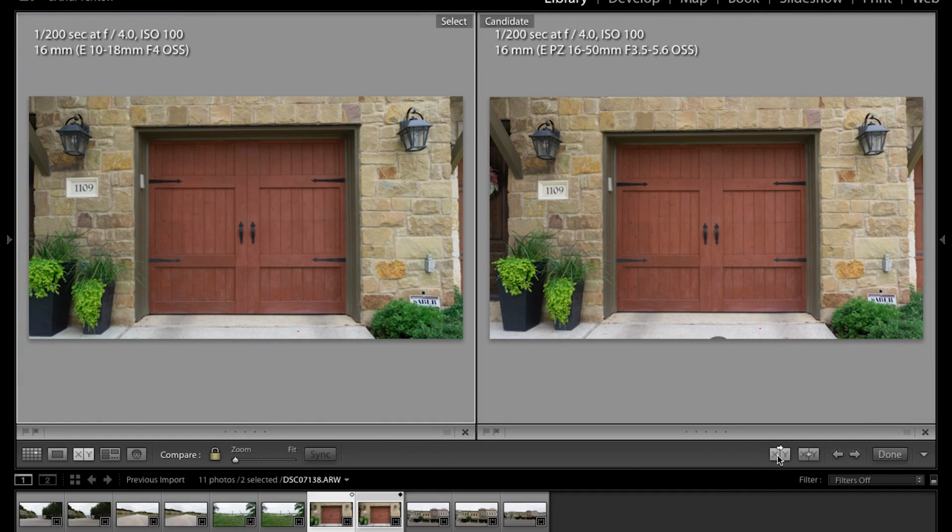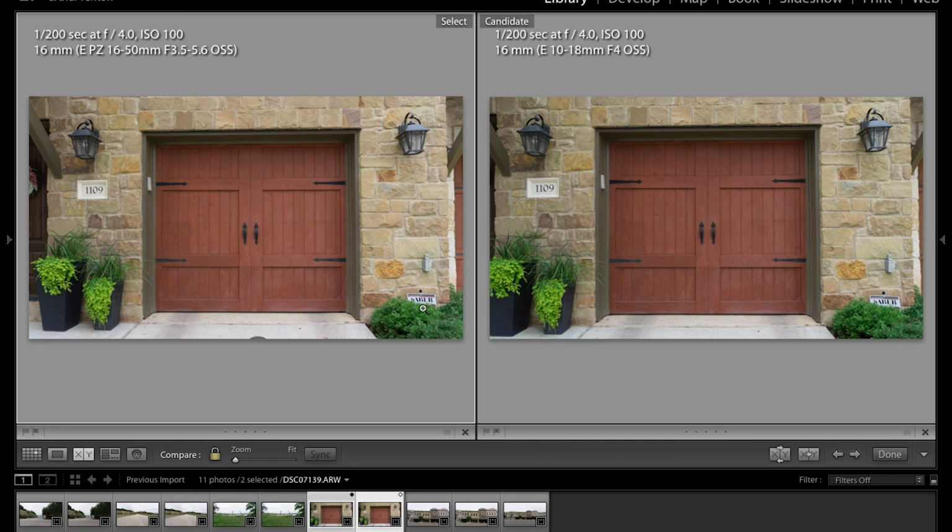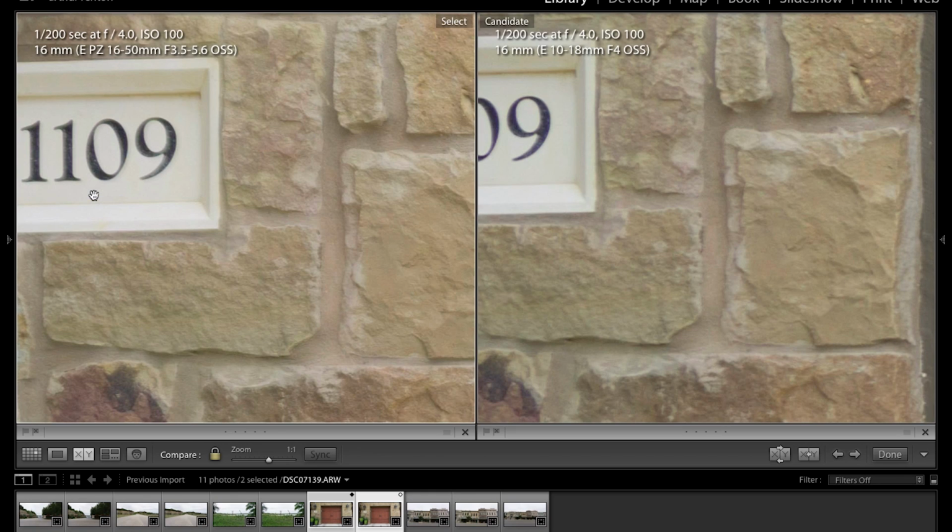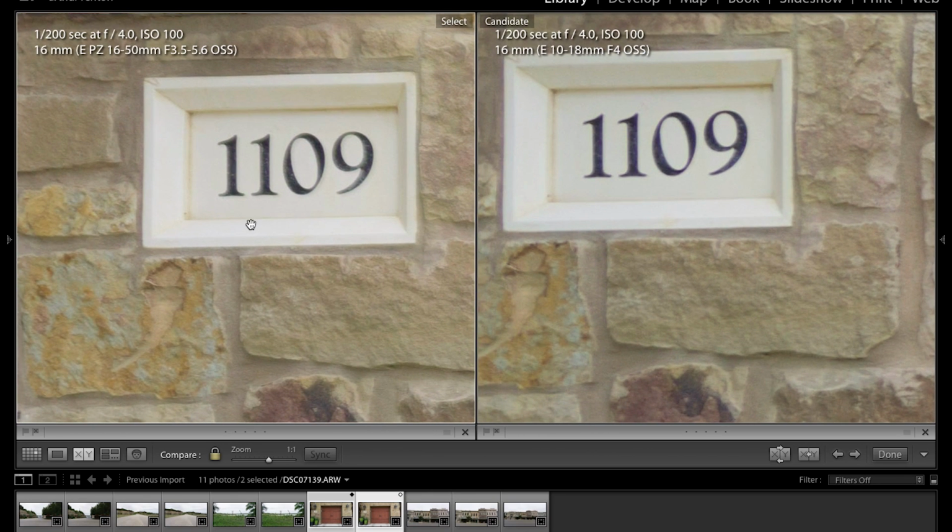Next, I wanted to see if there was much in the way of barrel distortion between the two of these, and just because I have a picture, let's look at sharpness before we compare barrel distortion. The kit lens looks sharper to me in this case.